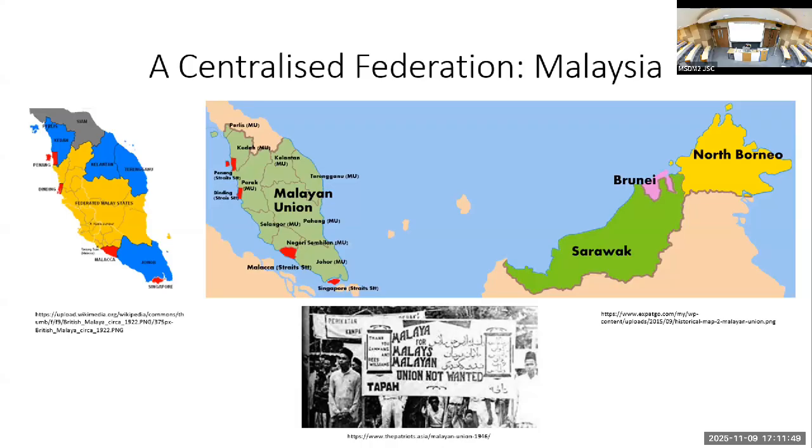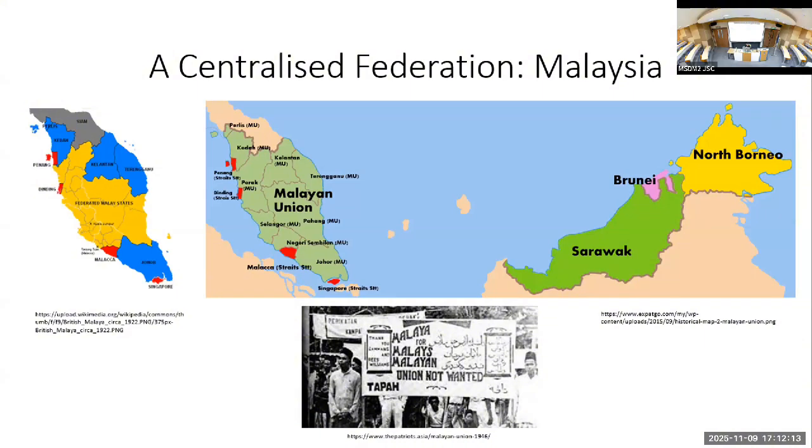This was one reason why the Malays were very angry, but there is a stronger second reason. It's because Malayan Union, despite being a unitary state, was very liberal on its citizenship policy. It would allow the Chinese and the Indians to become citizens.